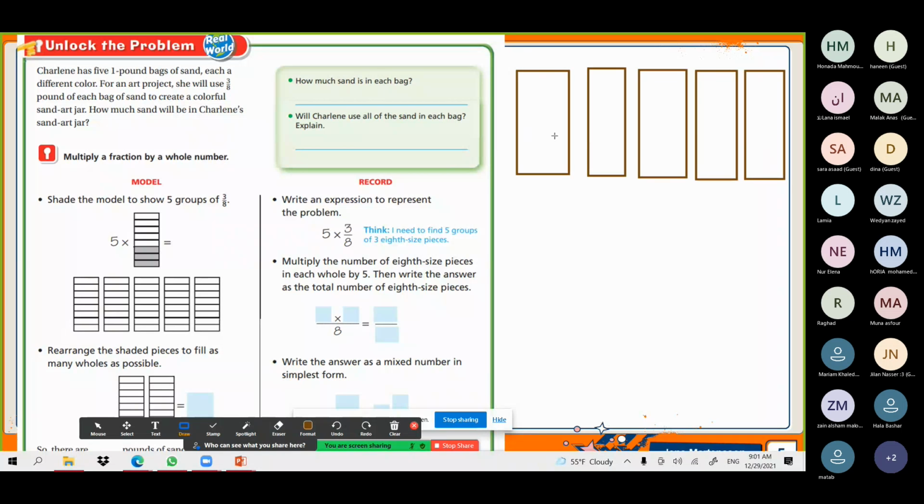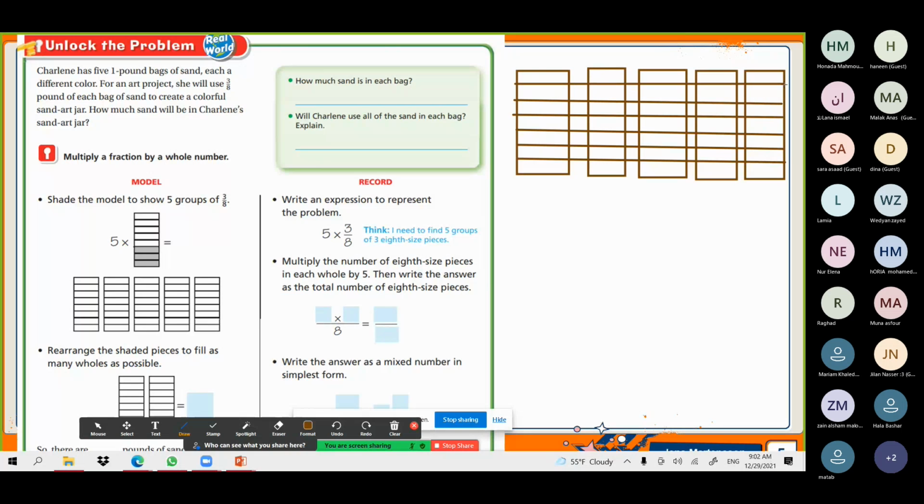So what does she have now? She has 5, and each of these is divided into 8 parts: 1, 2, 3, 4, 5, 6, 7, 8.